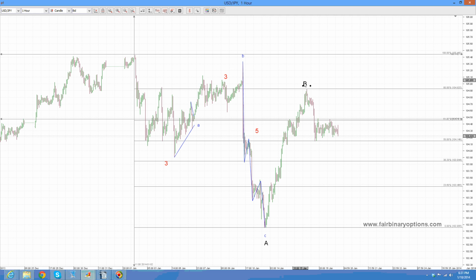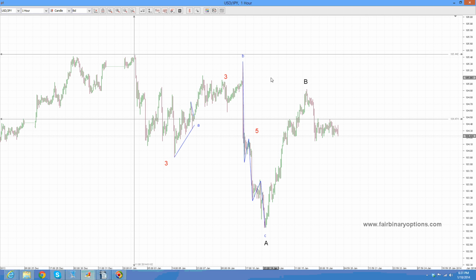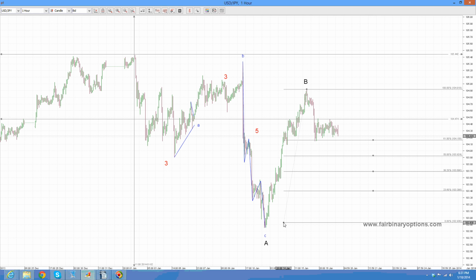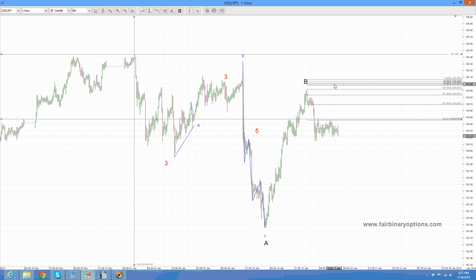Therefore, we must be in a C wave type. A C wave type, let me delete the fib from here, because we already know that that is the B wave. The C wave type should go again and retrace quite a lot from the previous wave, and that means price should go, if you take a Fibonacci retracement, this time from here. Okay, the other way around.